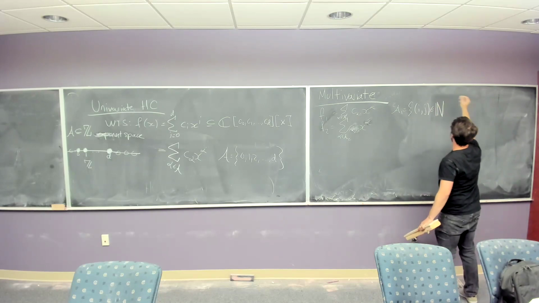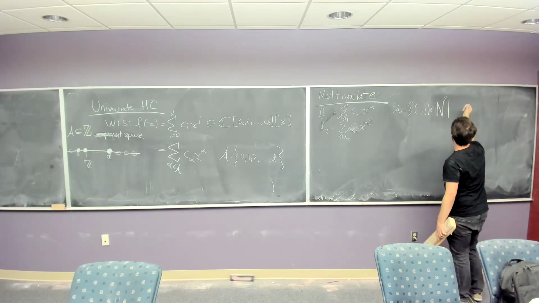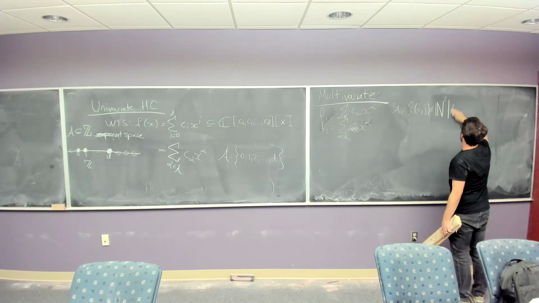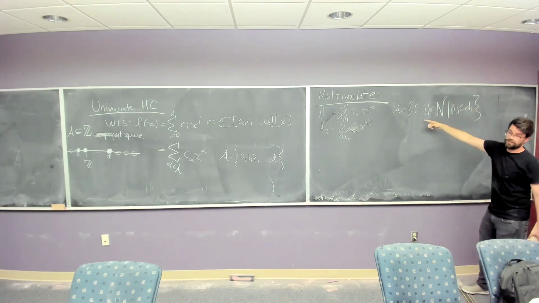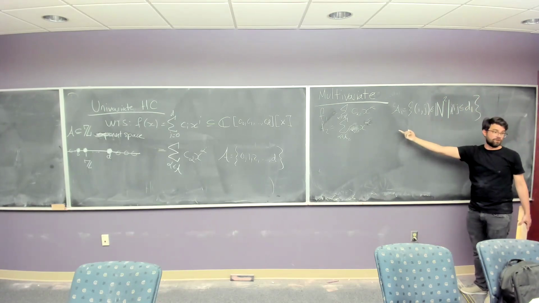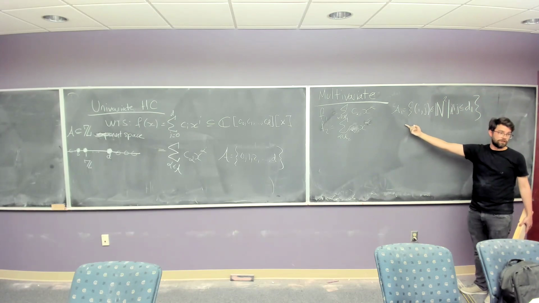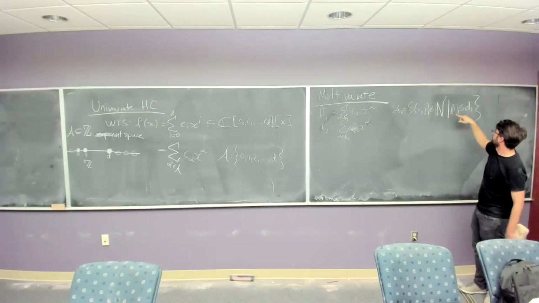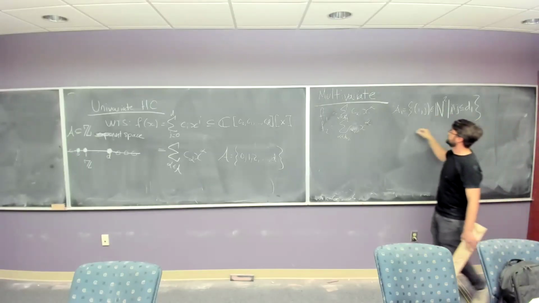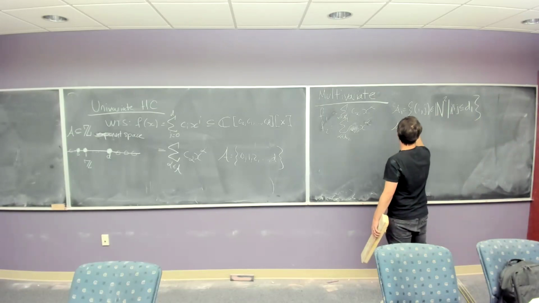We want to be in polynomials, so no negative exponents right now. And i plus j is less than or equal to d1. So these are the monomials allowed in a polynomial of degree d1: x1 to the i times x2 to the j, where i plus j has to be at most d1.